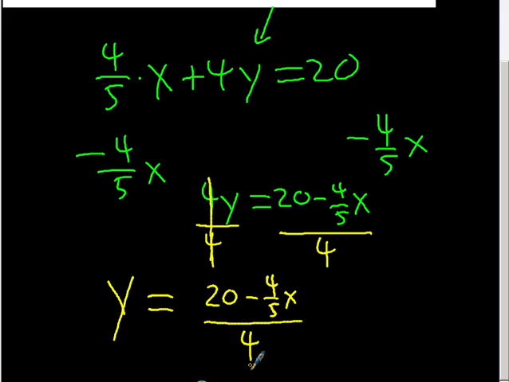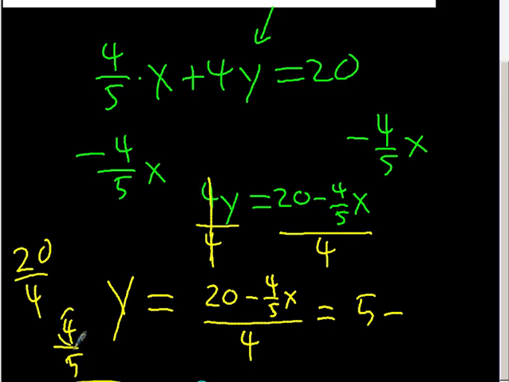That's mathematically correct. You could simplify it. You could simplify the 20 and the 4, and you could simplify the 4/5 and the 4. And if you did that, 20 divided by 4, let's see, 20 over 4, what's that? That's 5. Still got the minus 4/5 divided by 4. Well, I've got 4/5, and I'm dividing by 4. That sounds like 1/5 x.